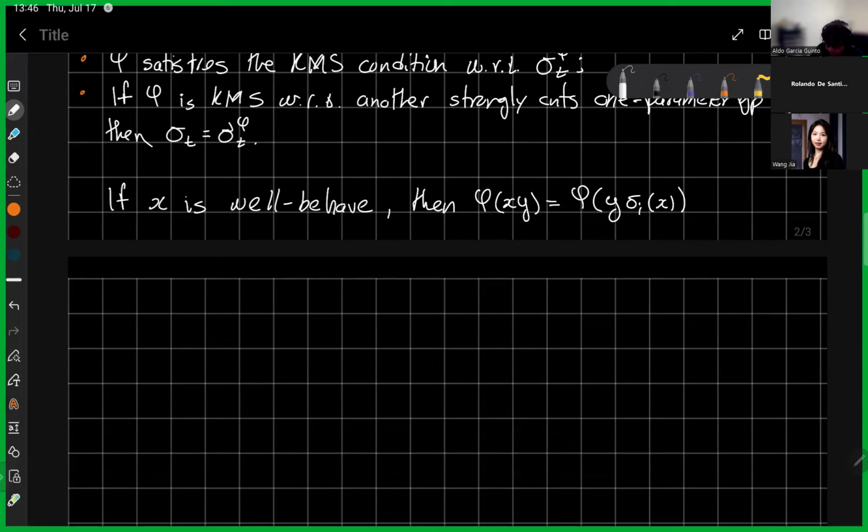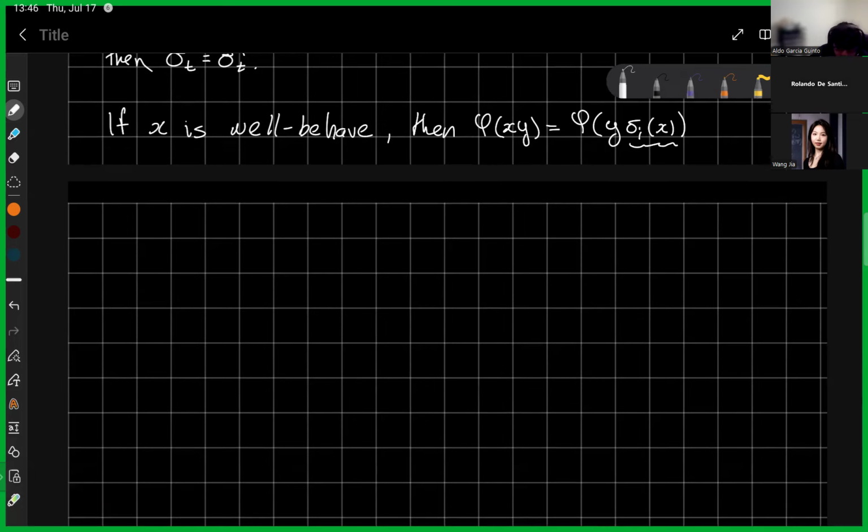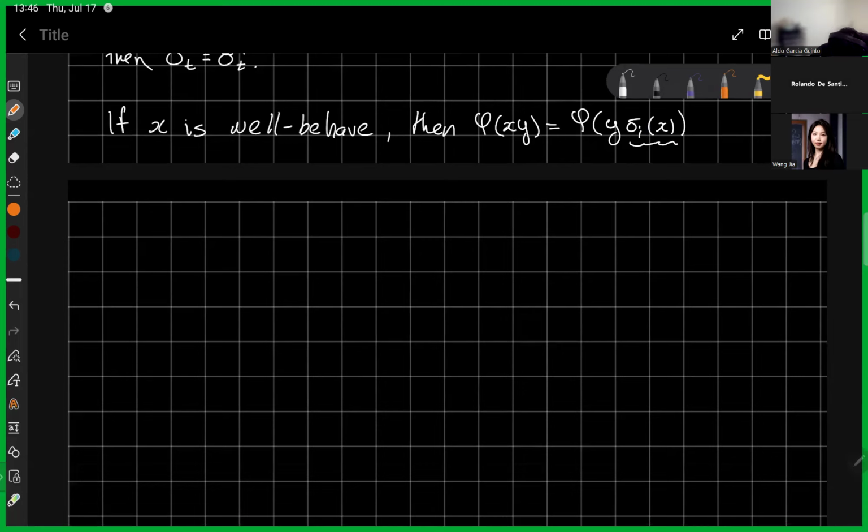By well-behavedness, I mean that this is well defined, because we've only defined it for real t, not for just any complex element.